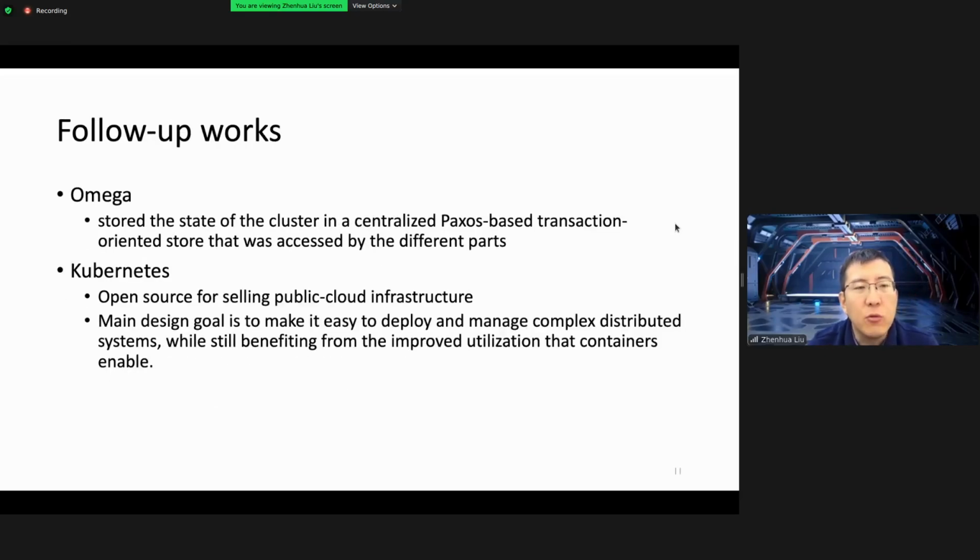Right? The second one is what we should pay special attention. So Kubernetes is open source, and is to sell public cloud infrastructure. So that was originally targeted for, as we see here, like Google, if they want to sell the resource in Google Cloud, right?